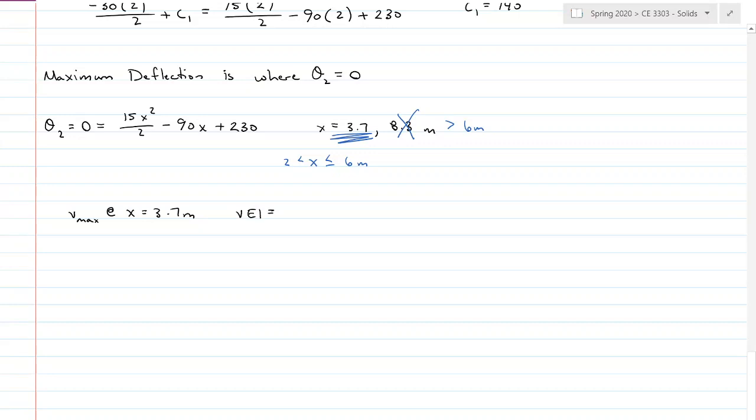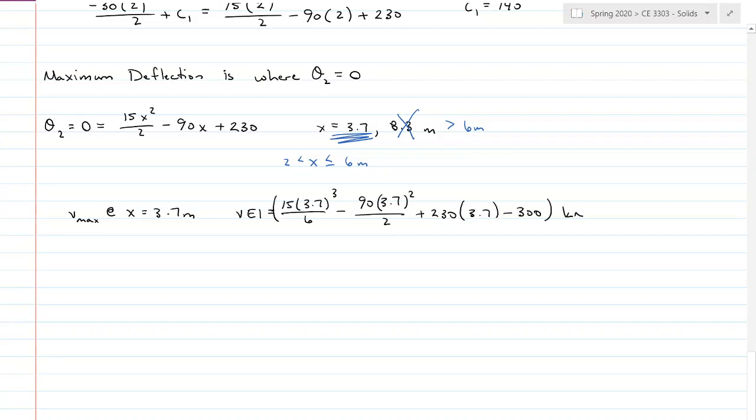EI v is equal to 15 times 3.7 cubed divided by 6 minus 90 times 3.7 squared divided by 2 plus 230 times 3.7 minus 300.